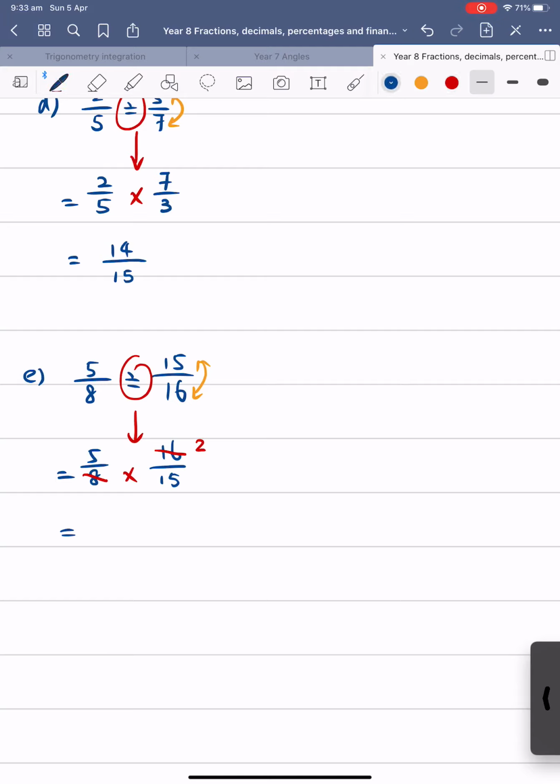The answer is yes, you can. So we simplify 8 and 16. We divide everything by 8. That gives us 1 and 2. We can do the same thing for 15 and 5. We can divide everything by 5. That becomes 3 and 1. So now the final answer will be 2 over 3. That's how you do it.